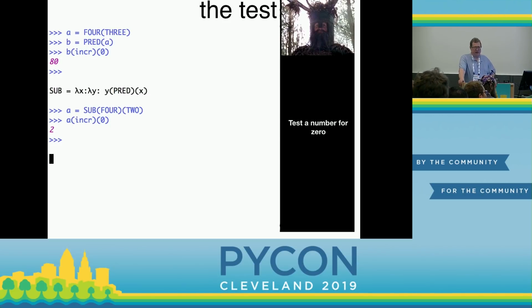How does an if statement work? You have an if, you test something, and then you pick one of 2 branches. That would be an interesting feature to have if we're going to do programming. So the next challenge is, how would you test a number to see whether it's 0 or not?